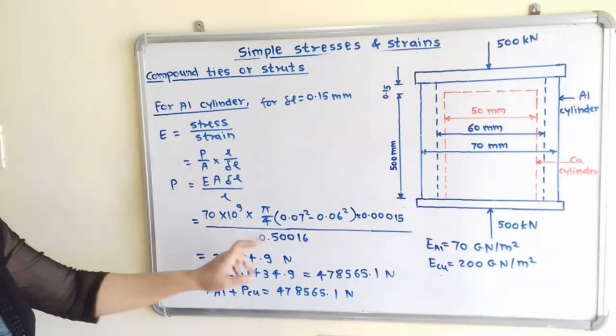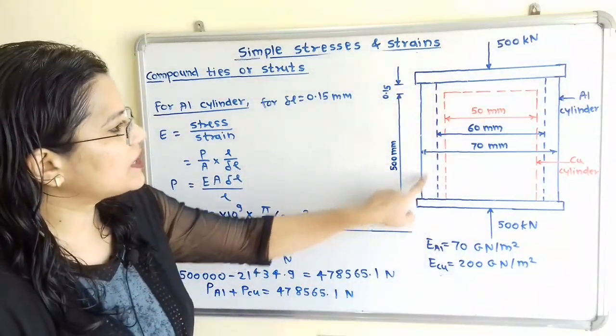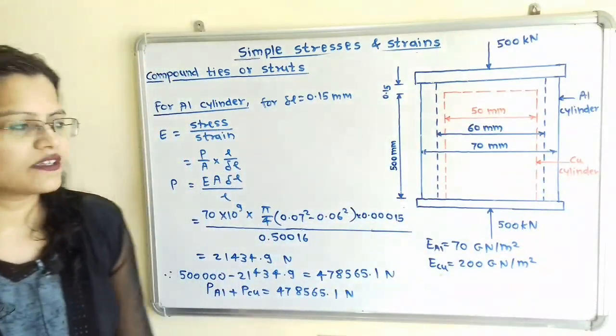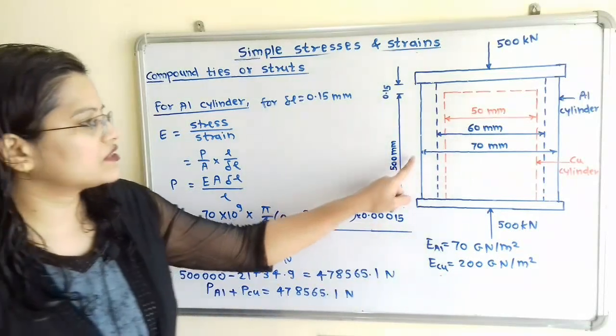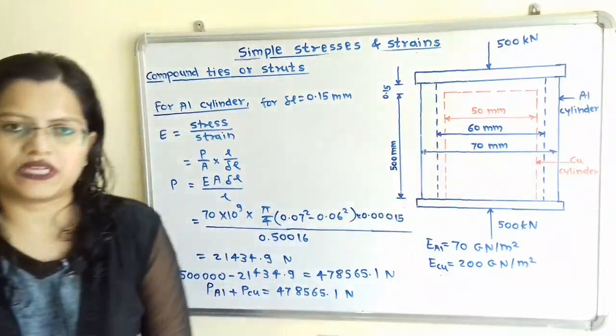Then the area. To calculate the area of the aluminum cylinder, its inside diameter is given as 60 mm and its outside diameter as 70 mm.